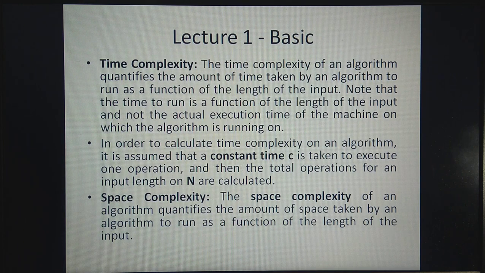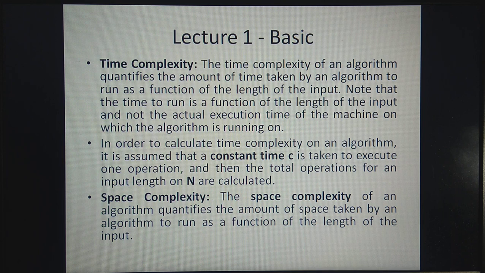So now at first, what is the definition? Time complexity. The time complexity of an algorithm quantifies the amount of time taken by an algorithm to run as a function of the length of the input.